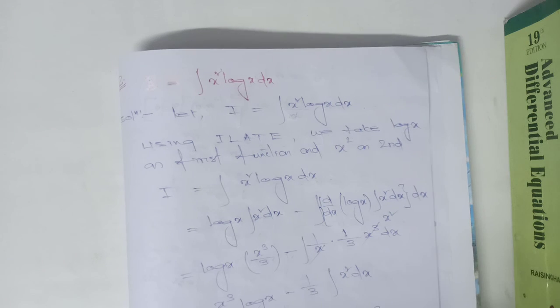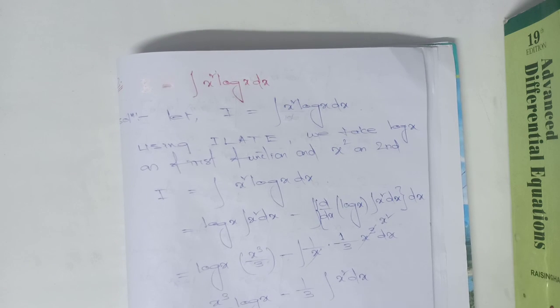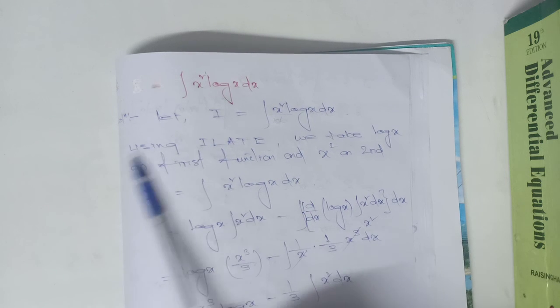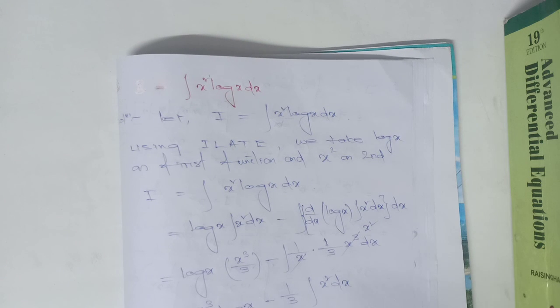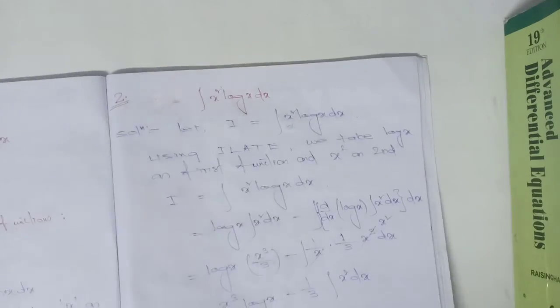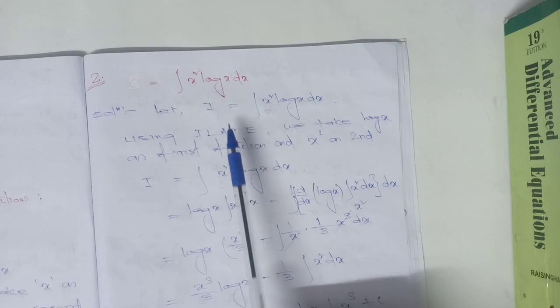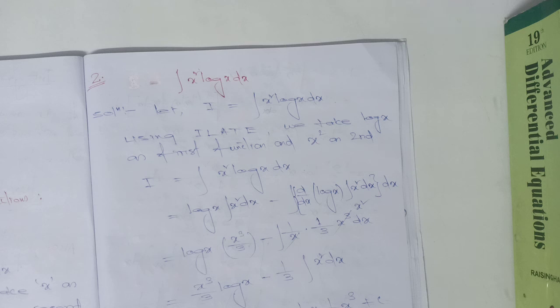Next question, the integration of x square log x dx. So students, you can see that the question is, let us take I equal to the integration of x square log x dx.